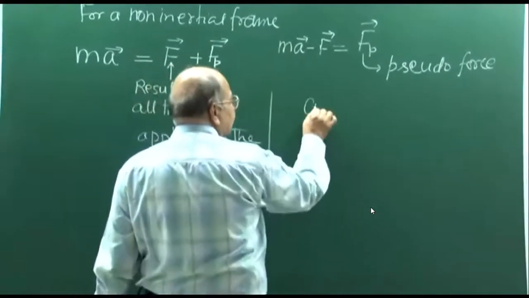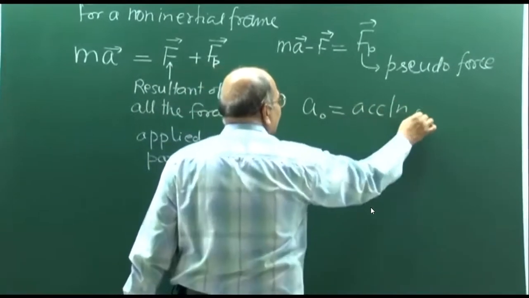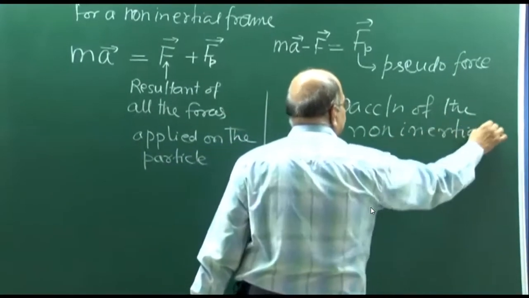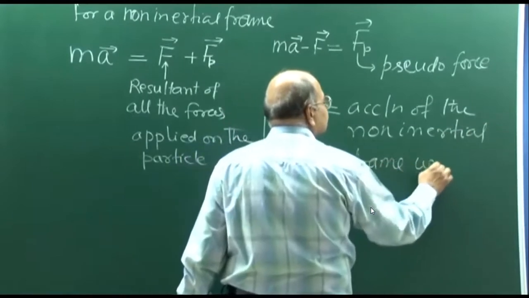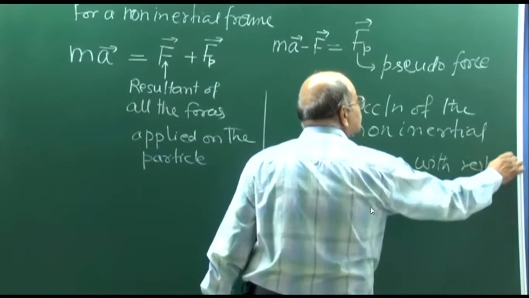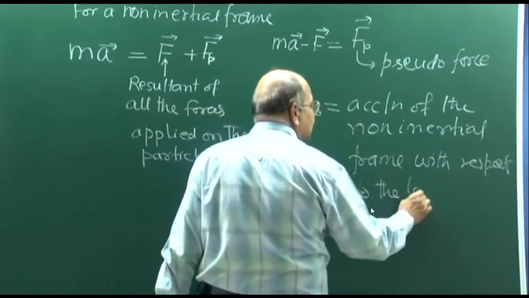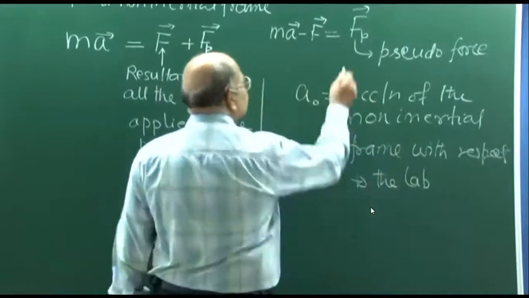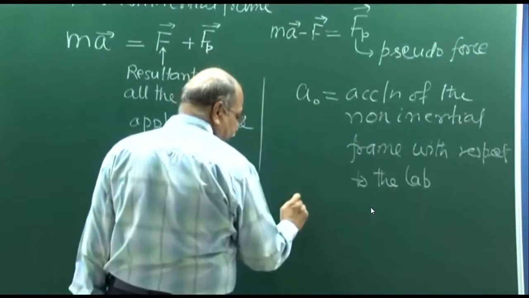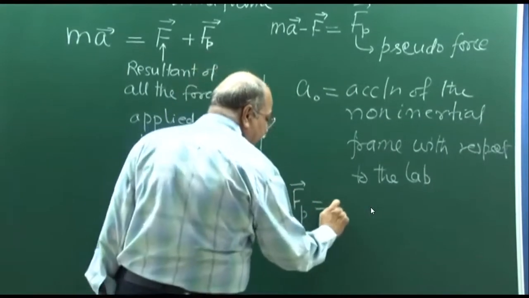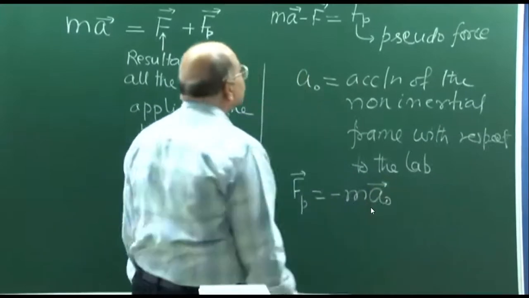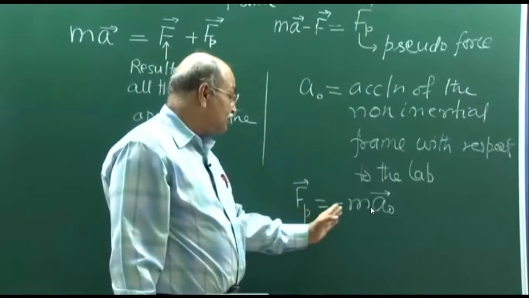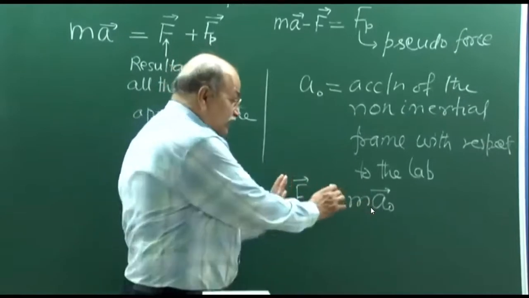So, if I say that a0 is the acceleration of the frame, of the non-inertial frame, with respect to the lab or table or room, the assumed inertial frame, then the pseudo force on the particle will be minus m a0, because the acceleration of the particle from the box is minus a0, and so the pseudo force will be minus m a0. Look at the structure.